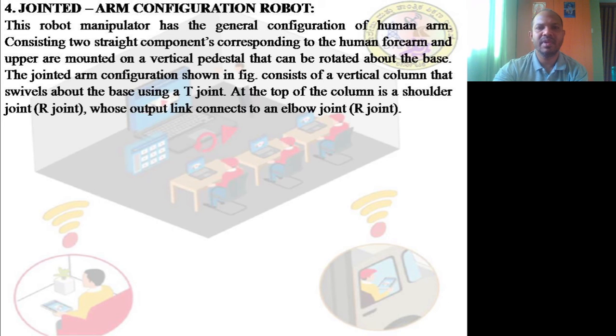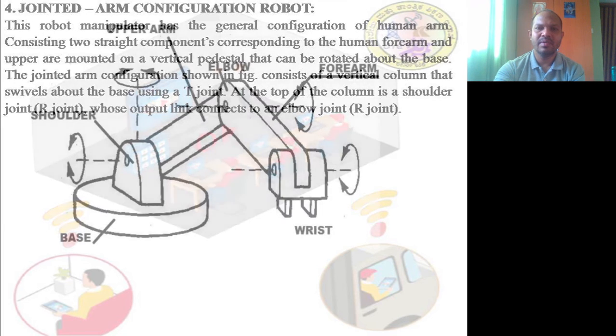Now, the jointed arm consists of a vertical column that swivels about the base using a T joint. At the top of the column is a shoulder joint, which can be rotated like this, and this can be translated. Its output link connects to an elbow joint, which also is a rotational joint.